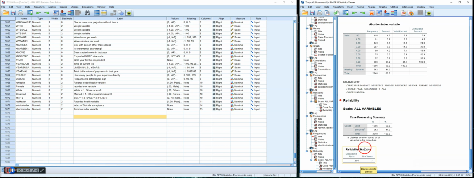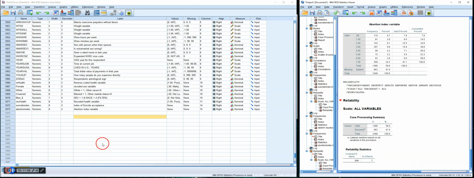If the Cronbach alpha is higher than 0.7, it means that the index measure is reliable. So you can use that index variable as your dependent variable or your independent variable.